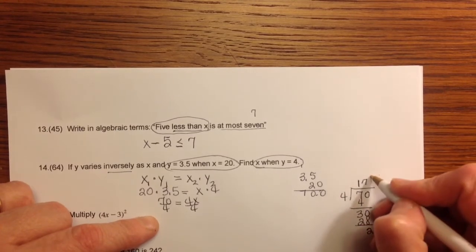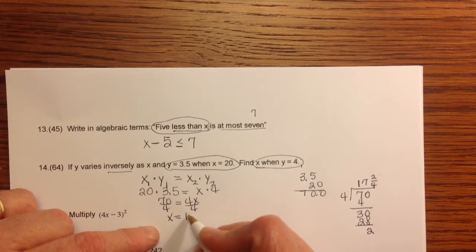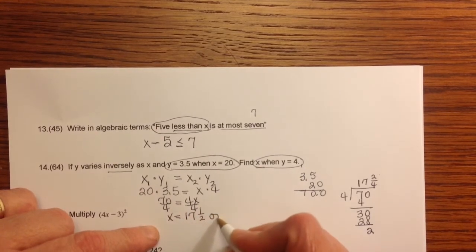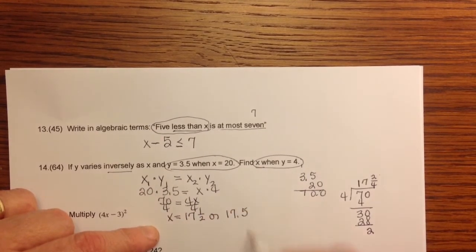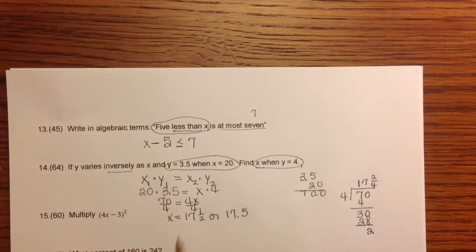I'm just going to do it as a remainder. 2/4, which will reduce, so x is 17 1/2. And I'll write that as a decimal, 17.5. Inverse variation, as one goes up, the other one goes down. So if x was 20 and it went down to 17.5, then the y went up from 3.5 to 4. So as one goes up, the other one goes down.